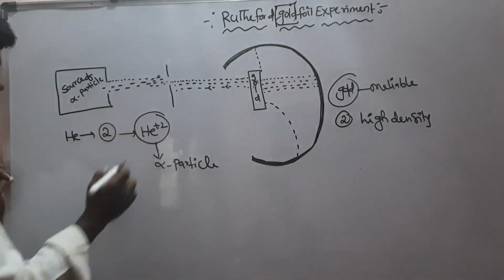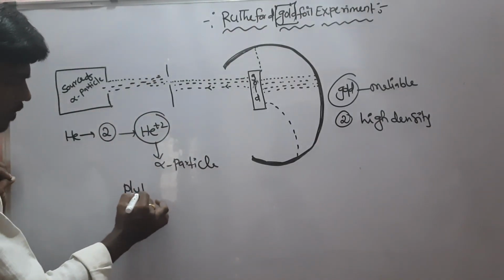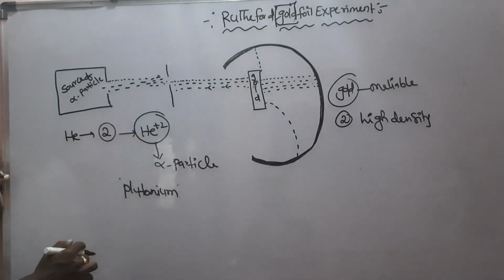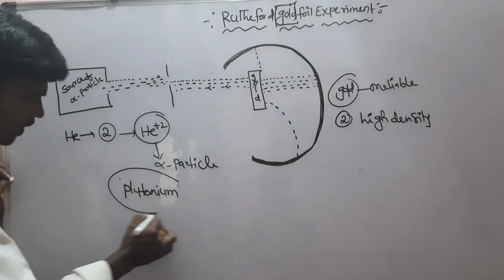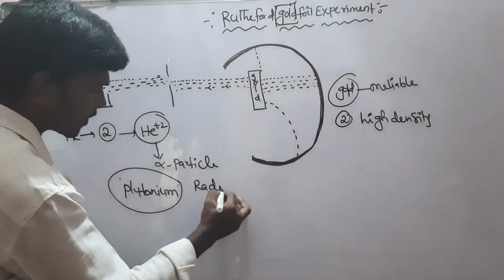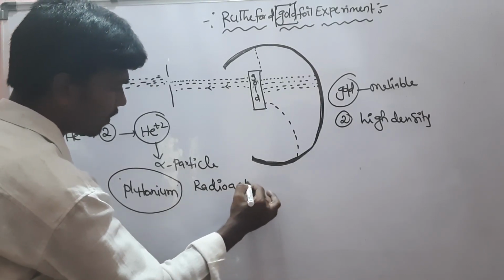What is the source for this alpha particle? Plutonium is the source for this alpha particle. Why? Plutonium is a radioactive element.